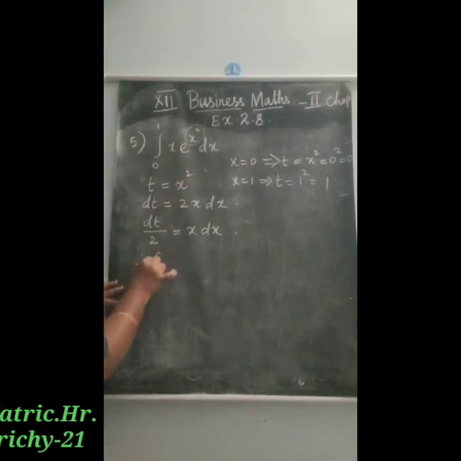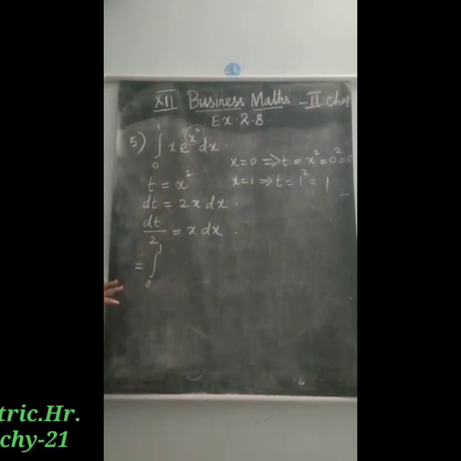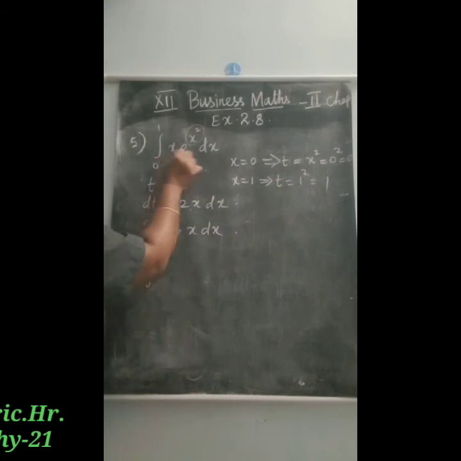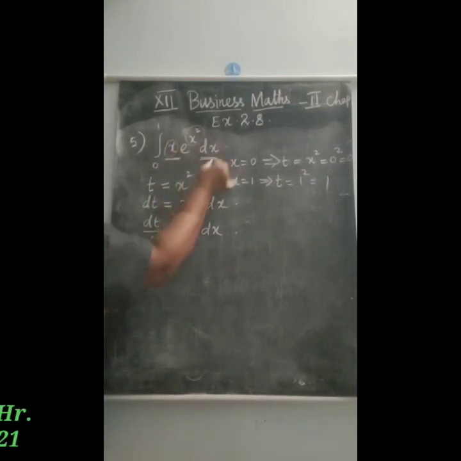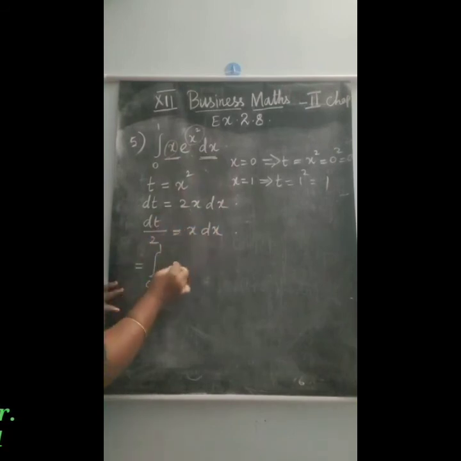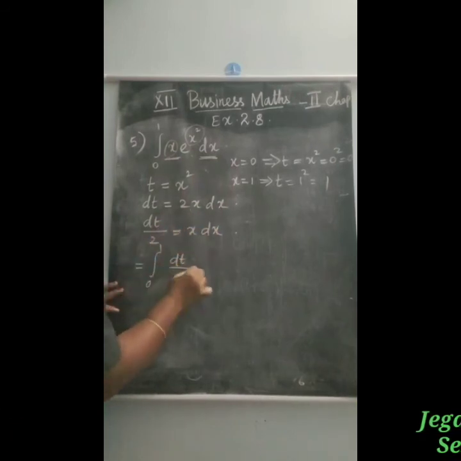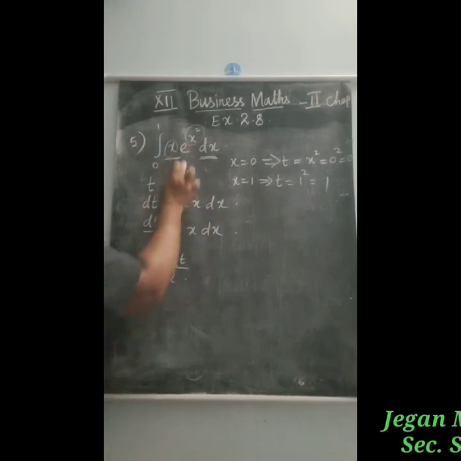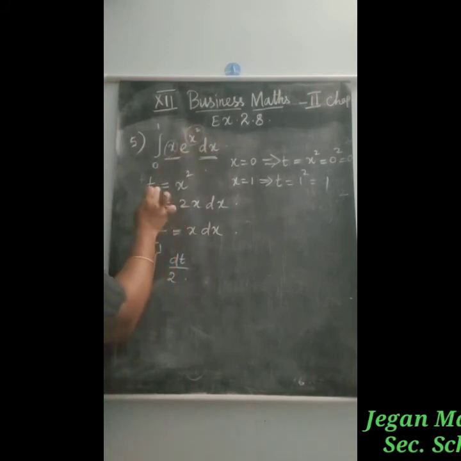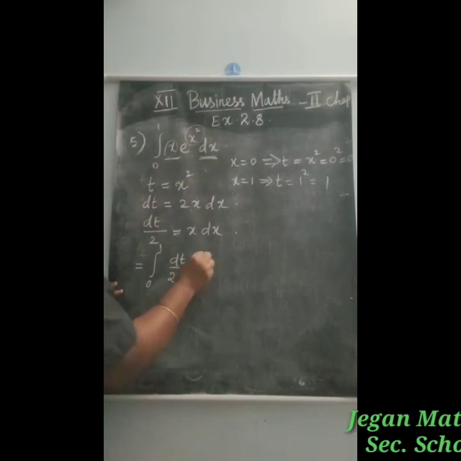The limits are 0 to 1, the same. Instead of x dx we put dt by 2, and here e power x squared becomes e power t.